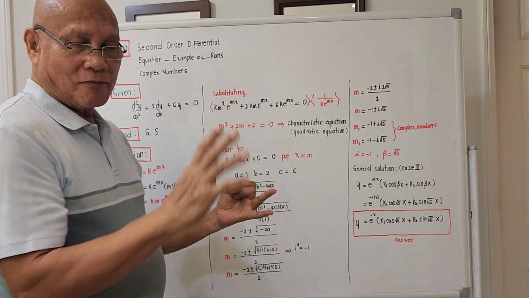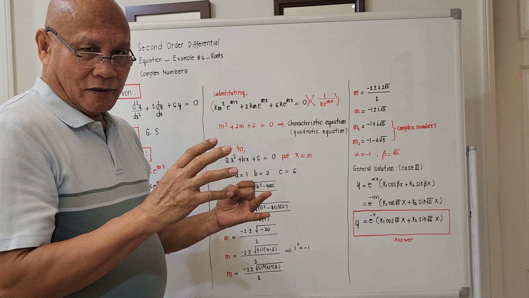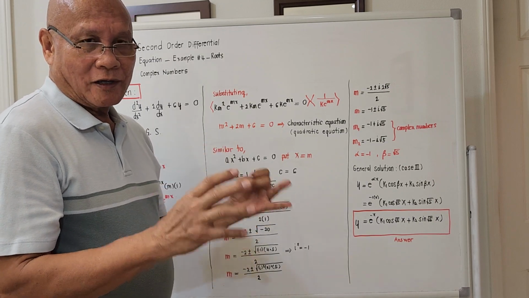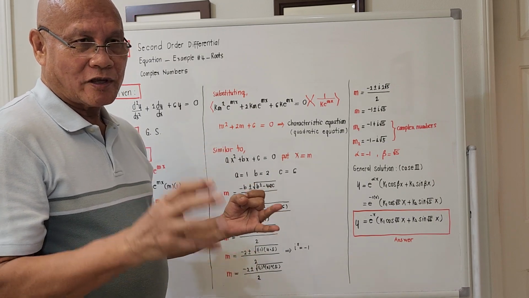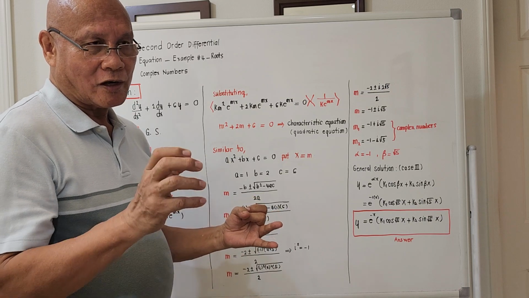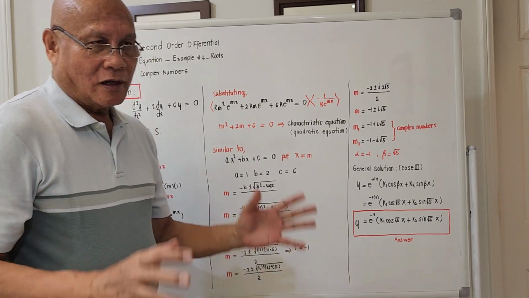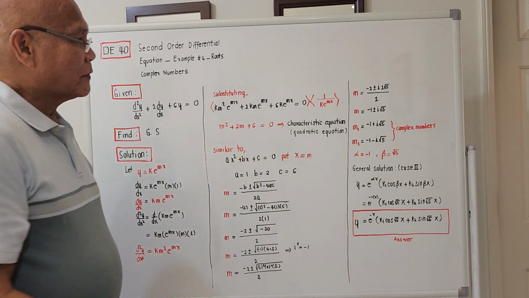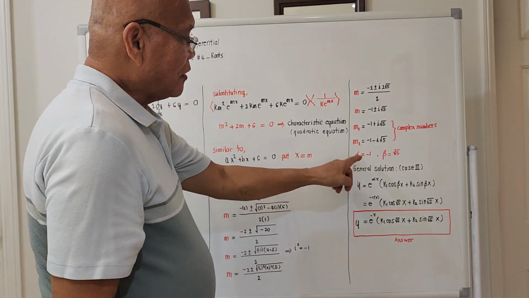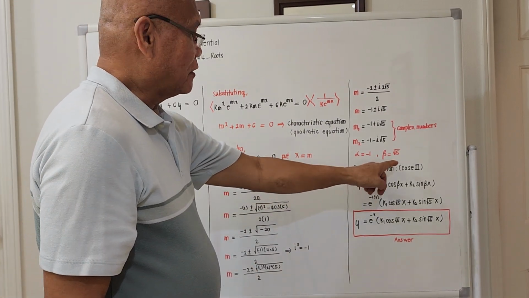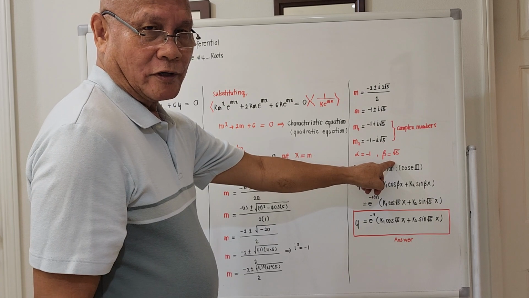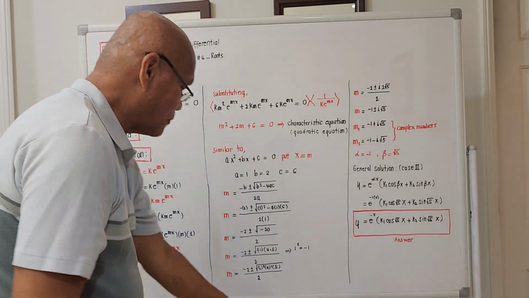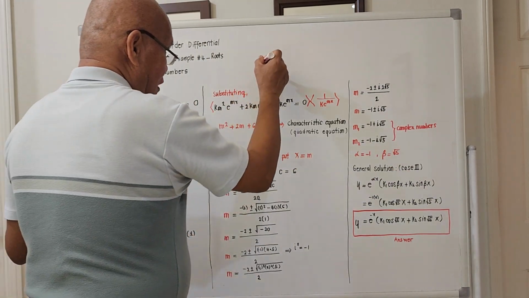For this example number 4, the resulting roots of the characteristic equation of the second order differential equation are complex numbers, meaning they have a real part and an imaginary part, with the imaginary part designated by the letter i.